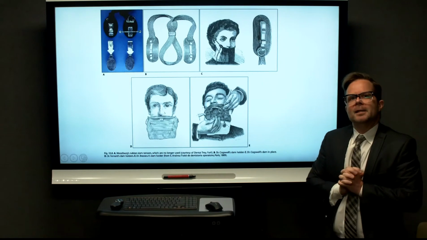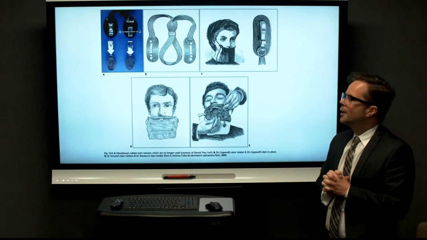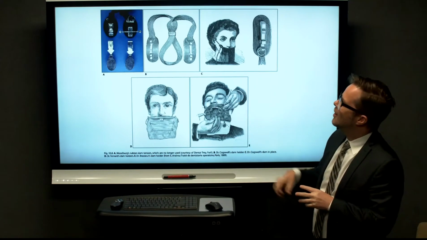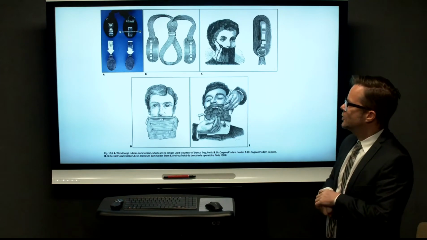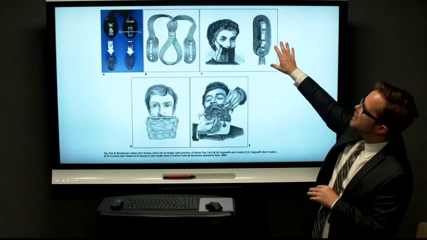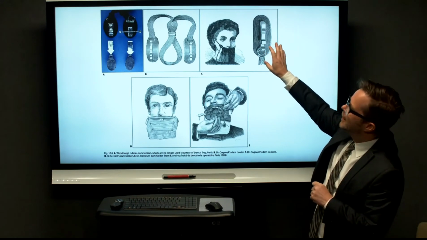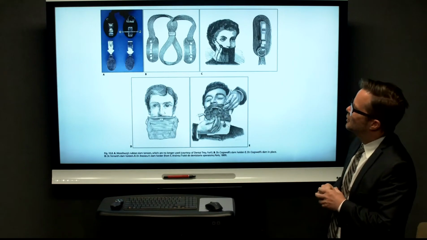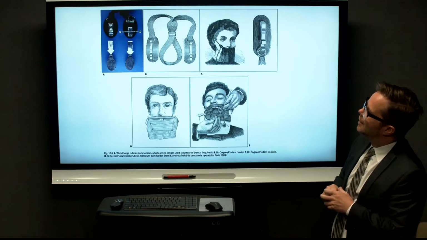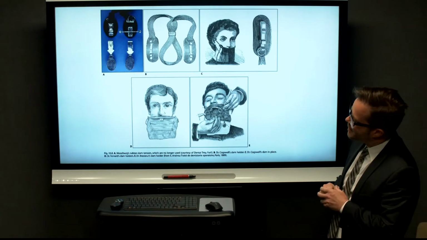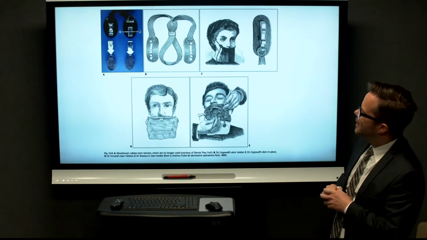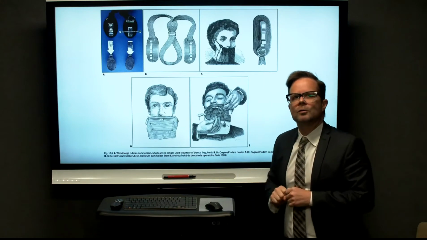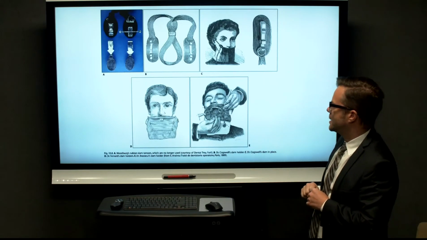Now, these are some scary looking pictures. These are probably from around the time that Rubber Dam was first introduced. And you can see that there are some devices here made of leather with some sterling silver buttons and clamps to hold them in place. And there are all sorts of devices that were developed to hold the Rubber Dam in place.